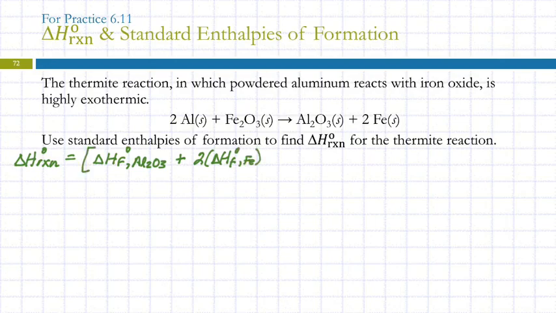Those are my products. Then I'm going to subtract 2 times the heat of formation for aluminum, and the heat of formation for the Fe2O3. Does that make sense?